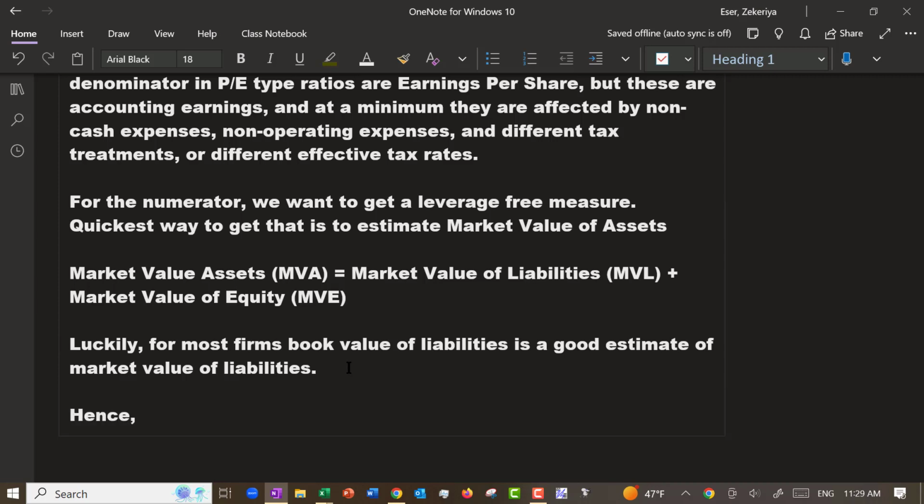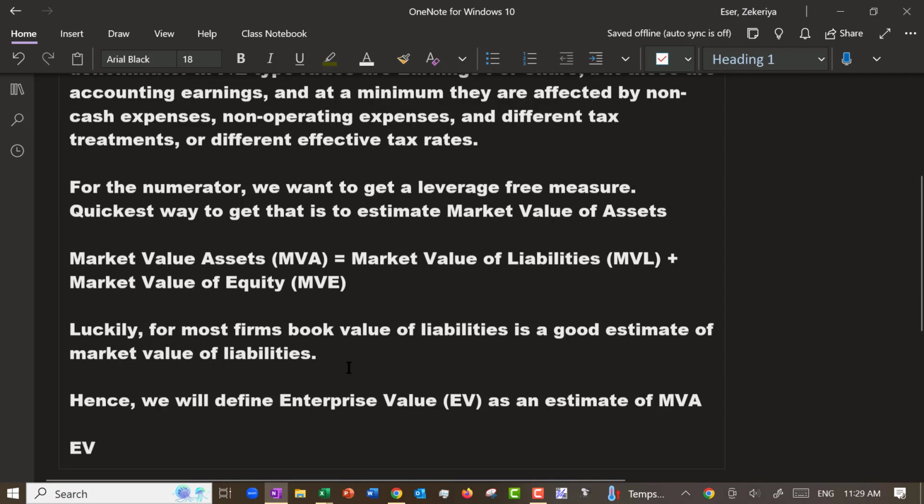Hence we will define what we call enterprise value, EV, as an estimate of market value of assets. So EV is essentially total liabilities plus market value of equity.